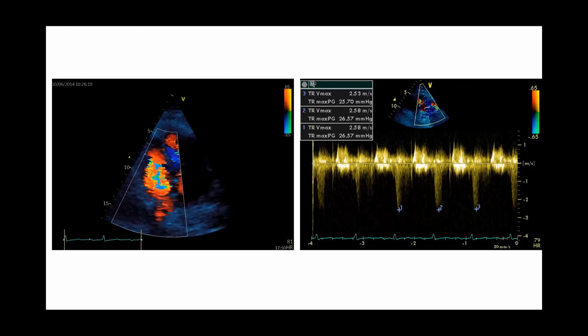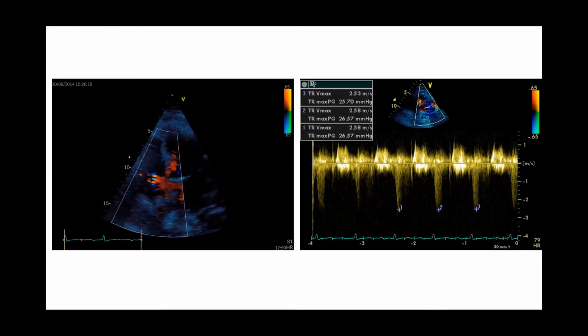So I need to get the IVC view to reflect on the right atrial pressure. The IVC is 1.5 centimeters and collapsing well, so that would give 8 millimeters of mercury. This gives mild pulmonary hypertension of around 35, and that would define moderate severity of the mitral stenosis.